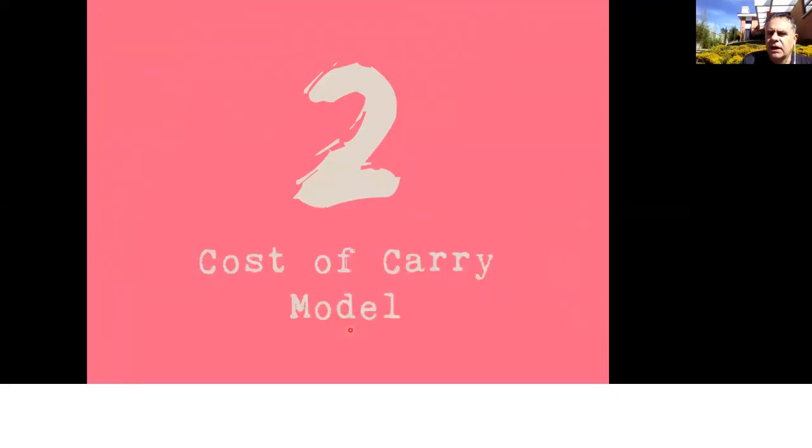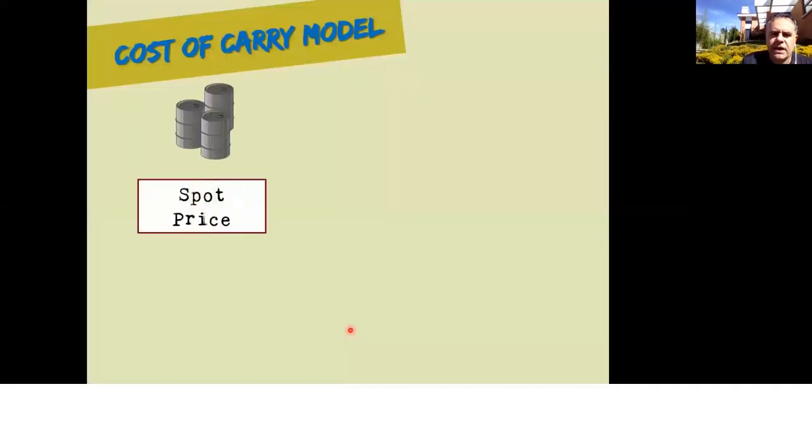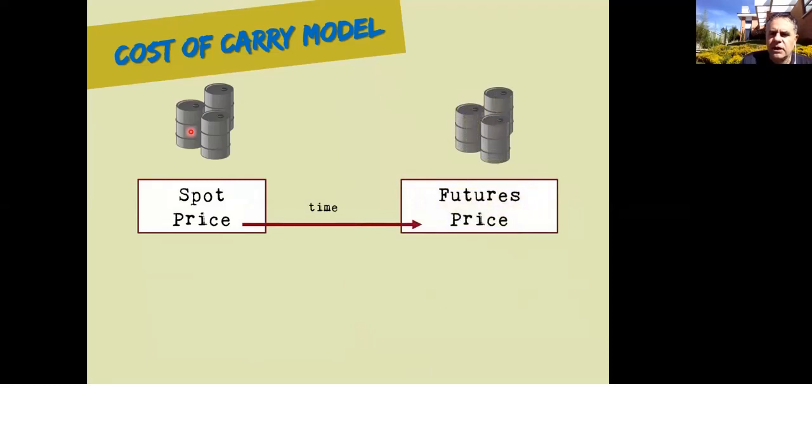Let's take a quick look at the cost of carry model, which is a characteristic of futures markets. Basically, the idea comes from the fact that if you buy anything spot versus if you buy it in the future, there's going to be in between a cost of financing such an asset and storing such an asset. So someone has to store this.